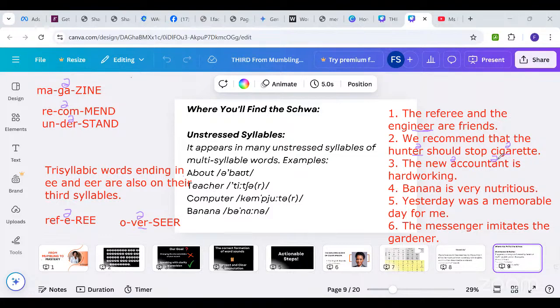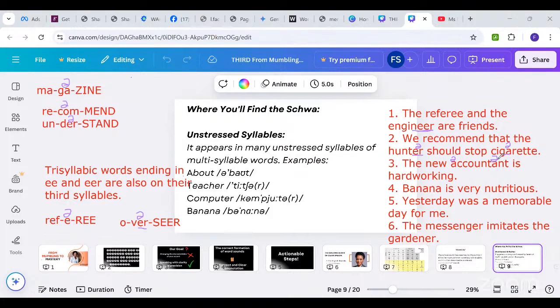Okay. Madam Madesola, the fourth sentence. Okay. Banana is very nutritious. Correct. Number 5 sentence, Madam Mary.